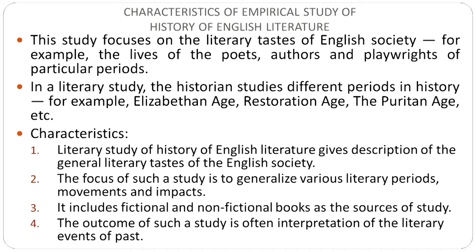Also, some landmark literary works can be studied to know about the social customs, rituals, practices which were prevalent during that particular age in history. For example, when we study David Daiches's work called A Critical History of English Literature, we find out a chronology of ages of English literature and discussion.